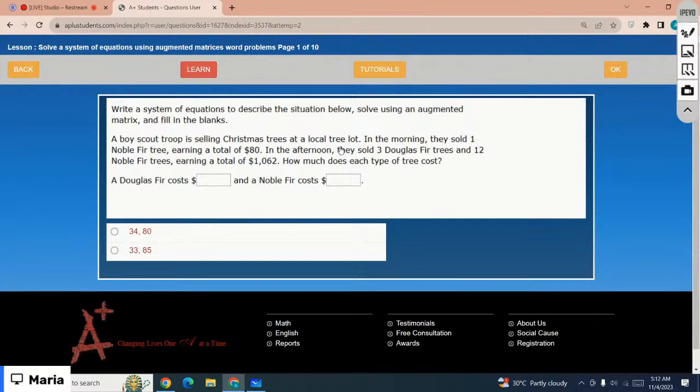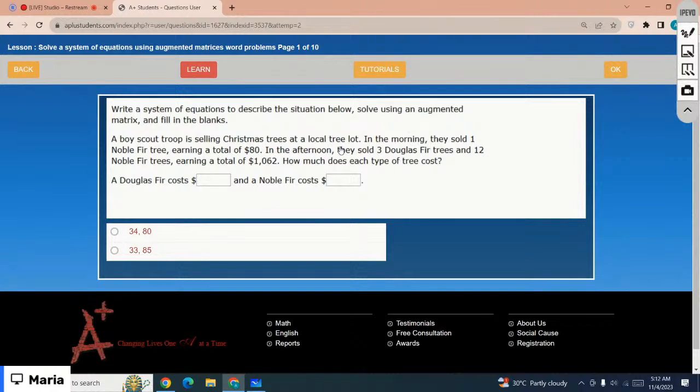So let me just write down the equation. Okay, that is one Noble fir tree earning a total of $80.